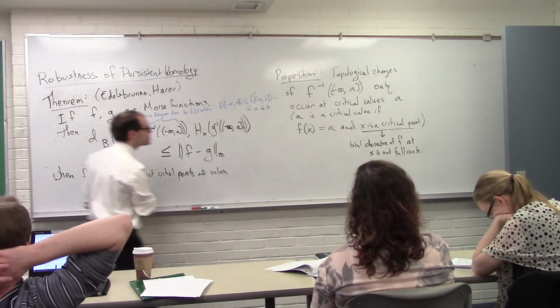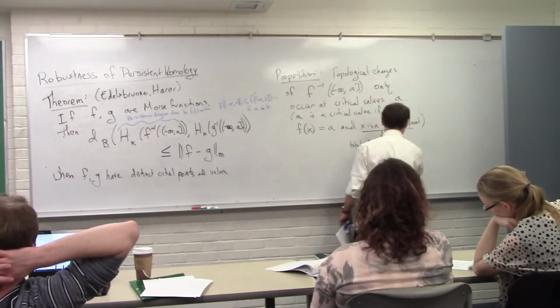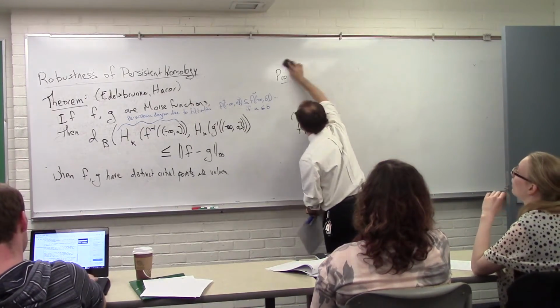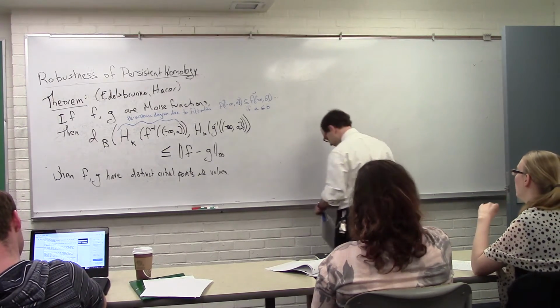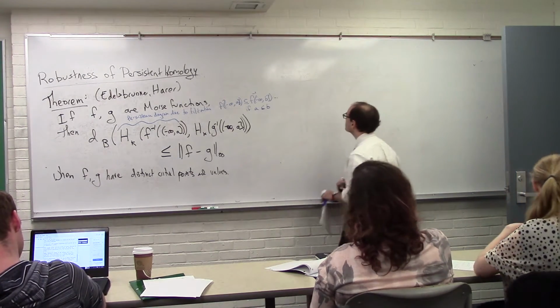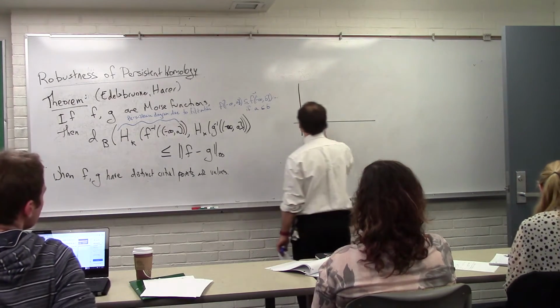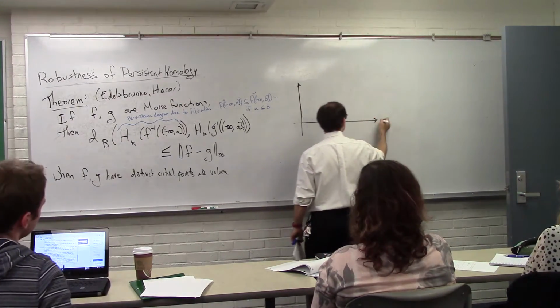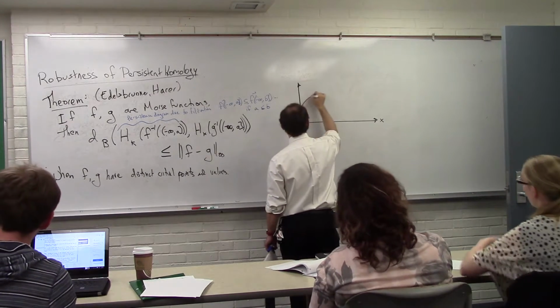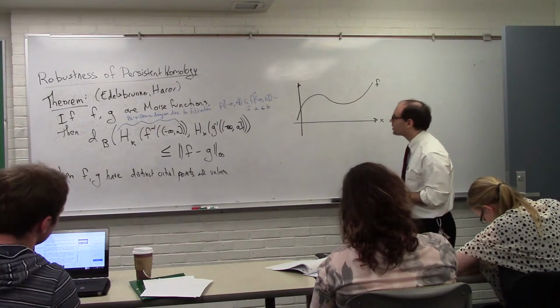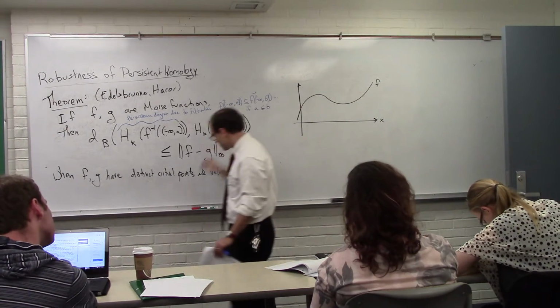So, let's get some pictures here, because this formula is kind of heinous, as stated. Let's get some pictures about what they mean. Here's X. So here's F. Let's take a look at what some of these level sets look like.